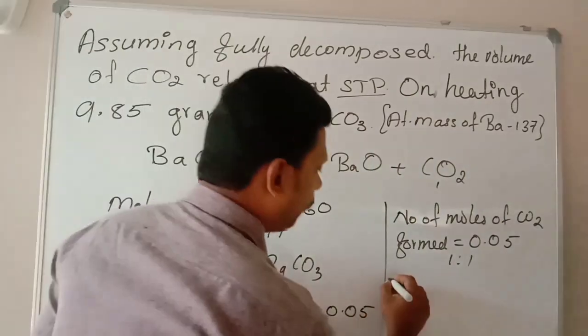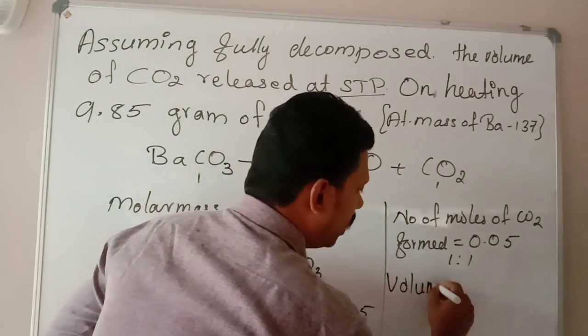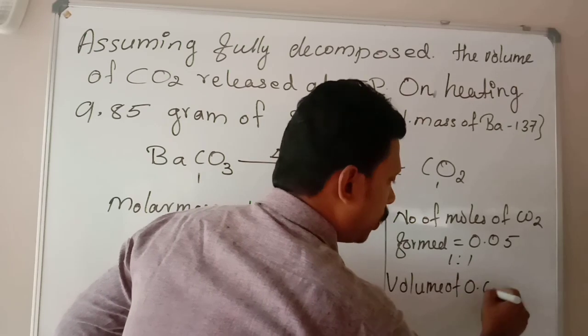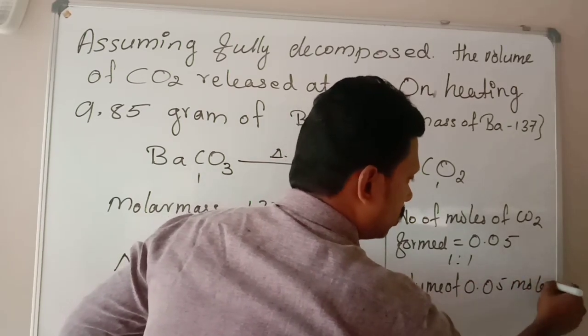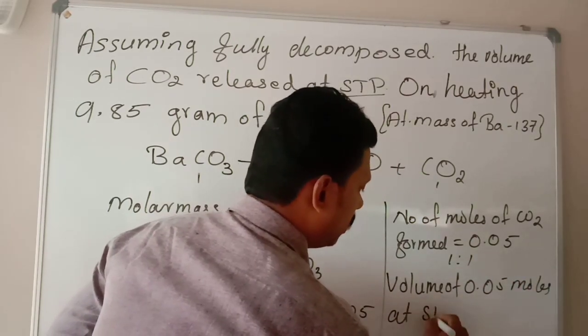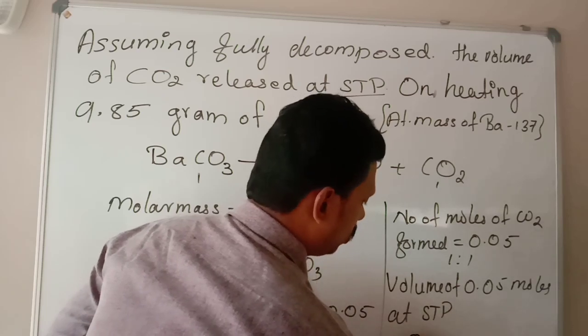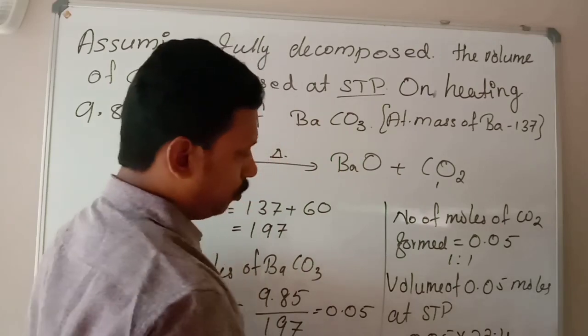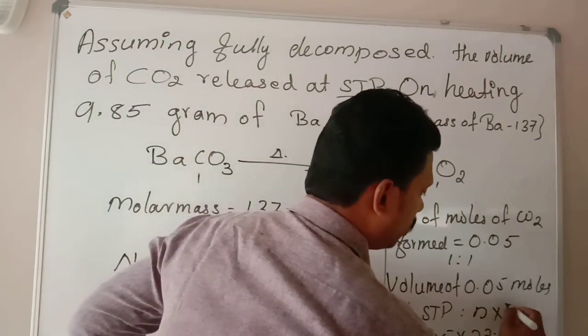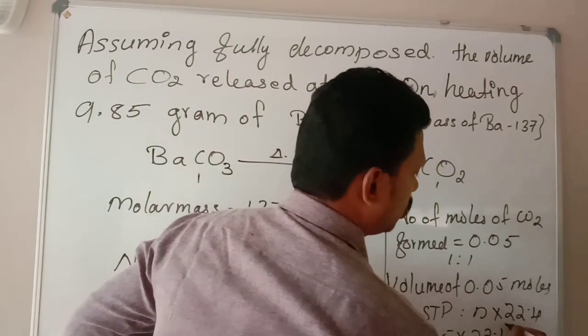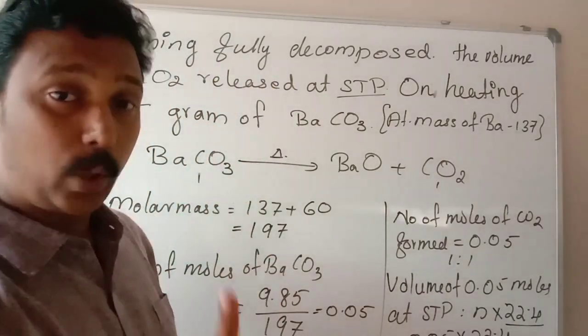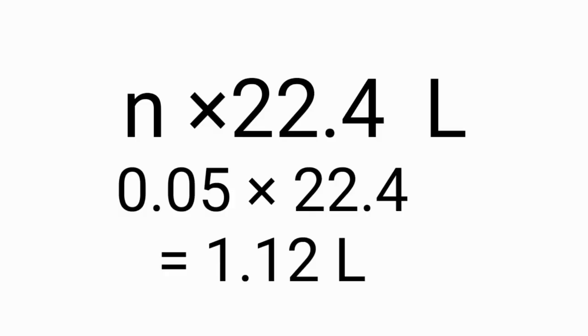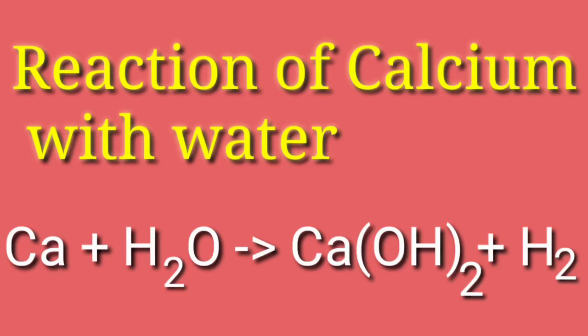So the volume of 0.05 moles at STP is equal to 0.05 into 22.4, because this is number of moles into 22.4, because 22.4 is the volume of 1 mole at STP, and the answer is 1.12 liters.